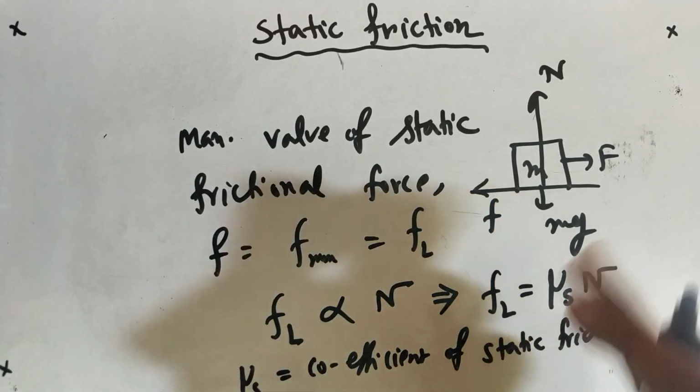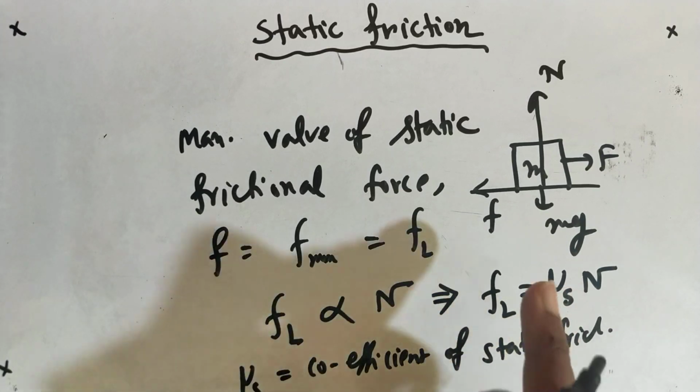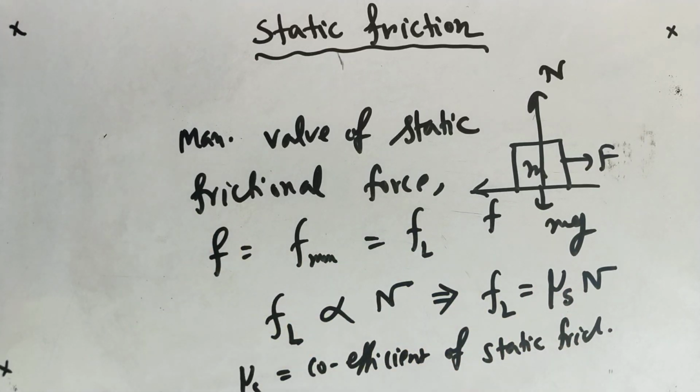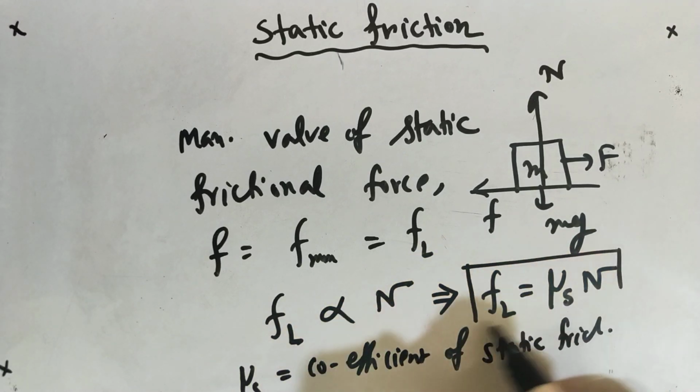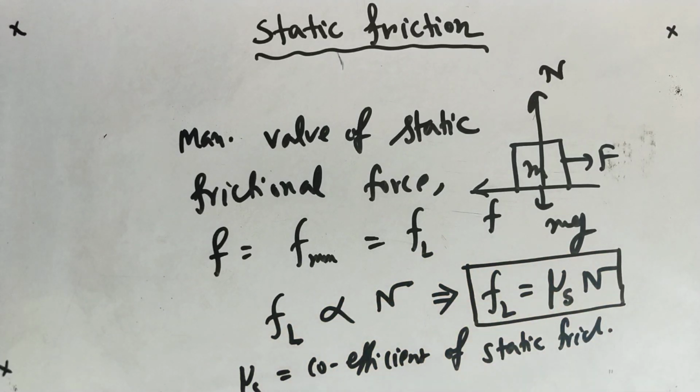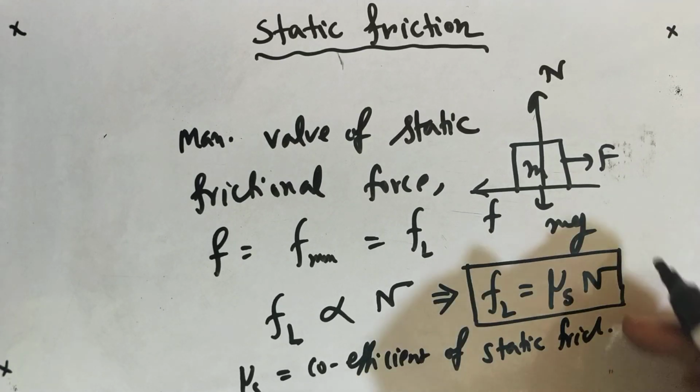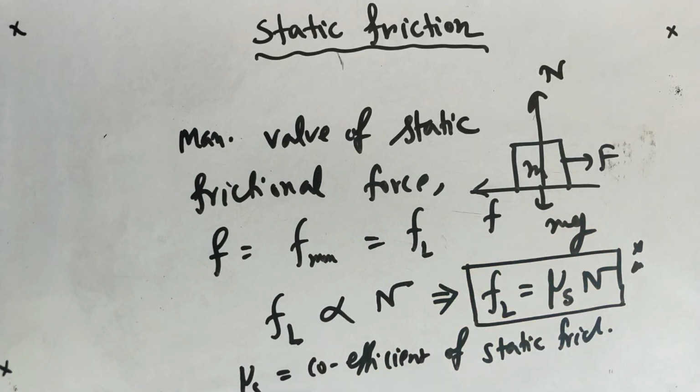Here N is equal to mg, but it is not necessary that N is always equal to mg. So the actual form of the limiting frictional force in terms of the coefficient of static friction is F_l equal to mu s into N. This is a very important observation. Thank you.